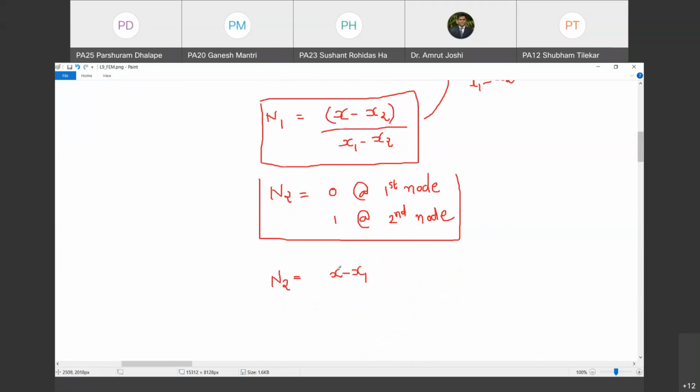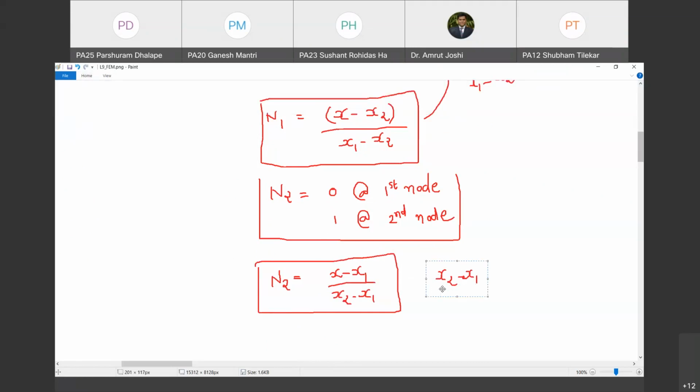Yes. What is its value in the second node? If I substitute x is equal to x2, at the second node, its value becomes x2 minus x1. But at the second node, I want it to be 1. So I will divide it by x2 minus x1. Happy? So this is the function n2. Have you understood this? Please type your response in chat box.